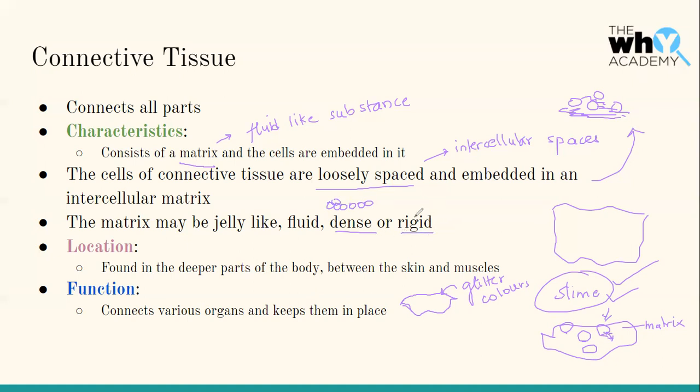You are not able to move it or shift it. This all will be an example for bone or cartilage. So bones and cartilages come under the matrix that is dense and rigid. You can't really move them, or you can't really call it liquid or fluid. So these would be the characteristics.